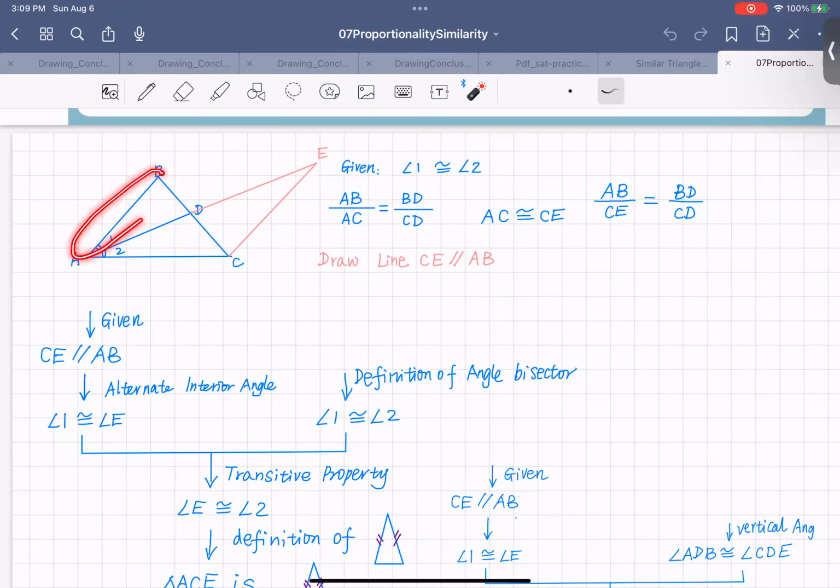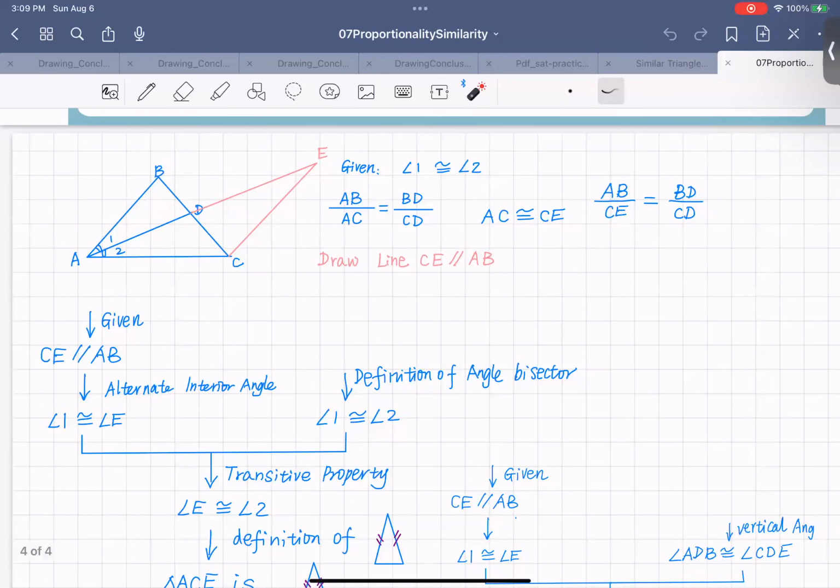So the small one over here, this angle's opposite side is this. This same angle's opposite side is this. So AB over CE is going to equal BD over CD. Does this make sense to you? This part over this part equals this part over this part.